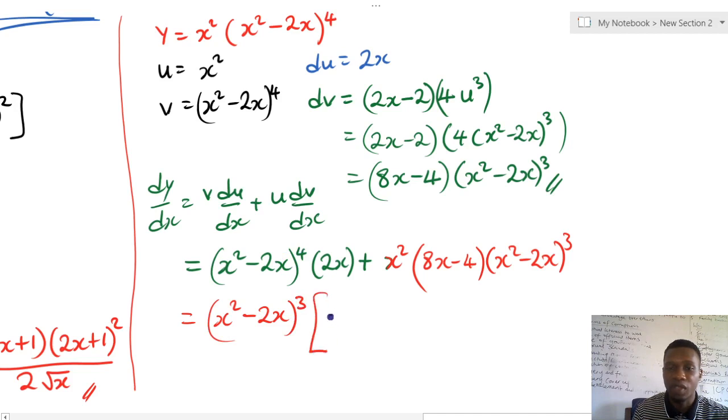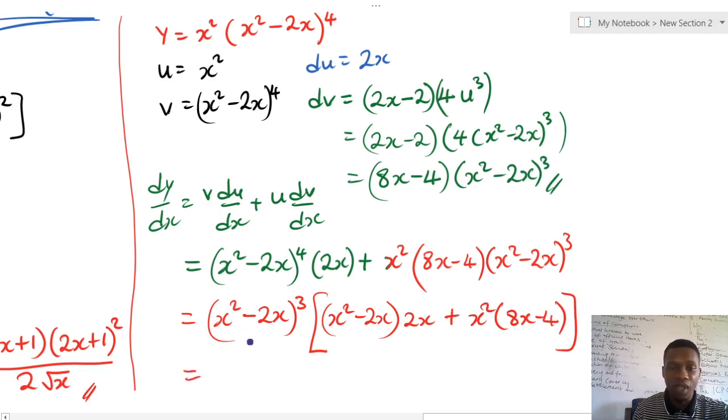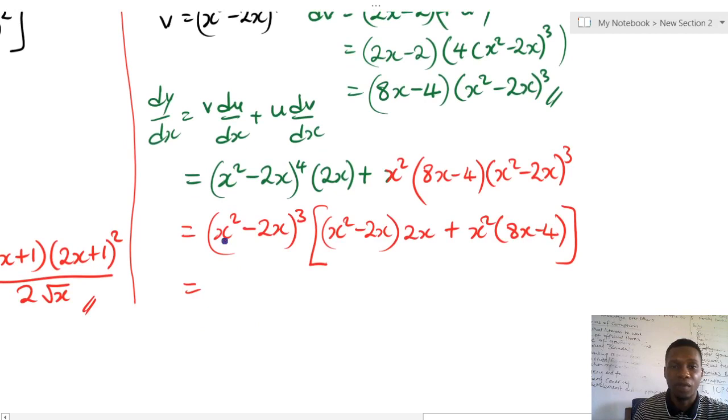So I can put this as what? X squared minus 2x multiplying 2x plus, here is what? Here we'll be having x squared opening 8x minus 4. Then what do I have next? Can go down, and then I have still my x squared minus 2x raised to the power of 3.